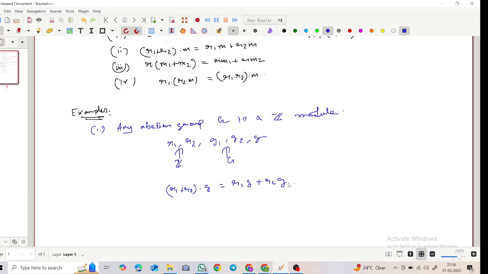See, in an abelian group, suppose you do 2g plus 3g, what do you get? You get 5g. That's it. The structure is very obvious. Now you do 2 into 3 into g, that is 6 into g. These are pretty obvious.